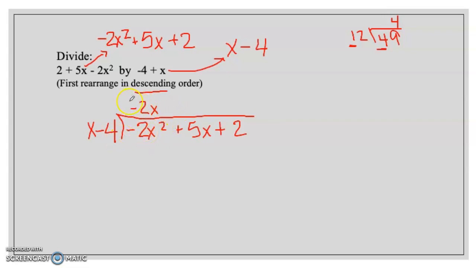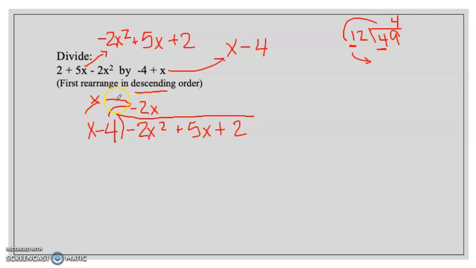And I can check that by multiplying negative 2x times x. But I want to multiply it times that whole thing, just like I did up here. I multiply the 4 times this whole 12, and then I get an answer.